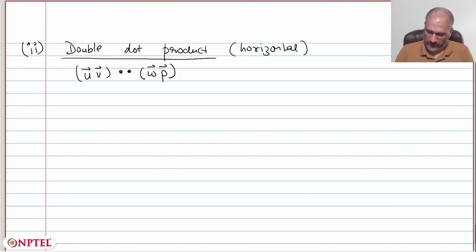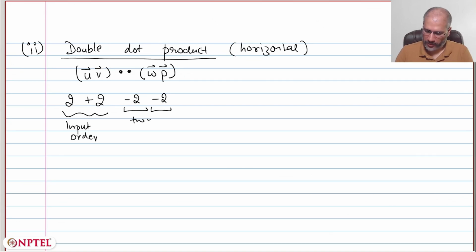So we have a second order 2 plus 2, so that's the input order because we have two dyads in the input, and we have two dots, so that means there's a minus 2 minus 2. So this minus 2 and minus 2 is because of two inner products.